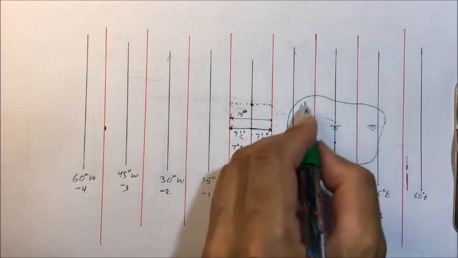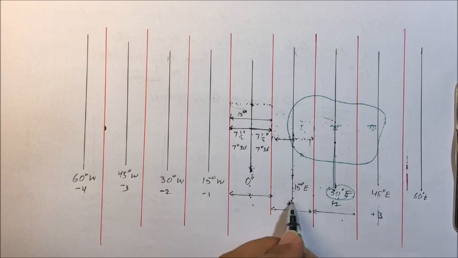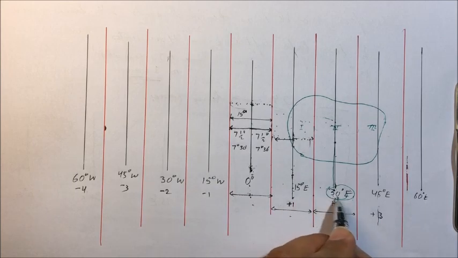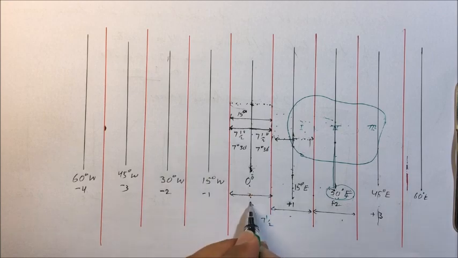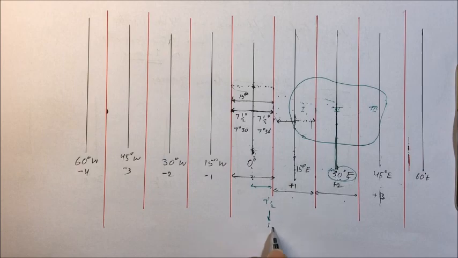Now this time zone can be selected as well. For example, we are selecting by 1 hour, but we can select 7.5 degrees as well, so there will be a difference of half an hour.